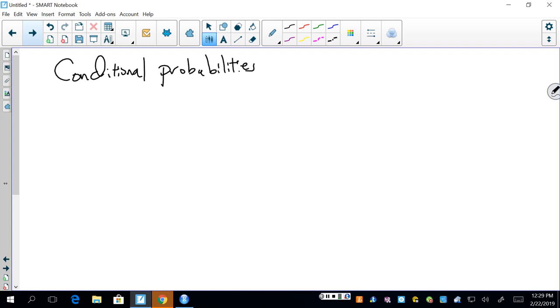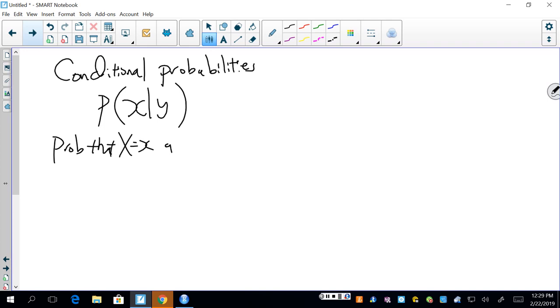and a conditional distribution. So we're going to look at the conditional distribution of x given y. So this is the probability that x has a value given that y equals a certain value.